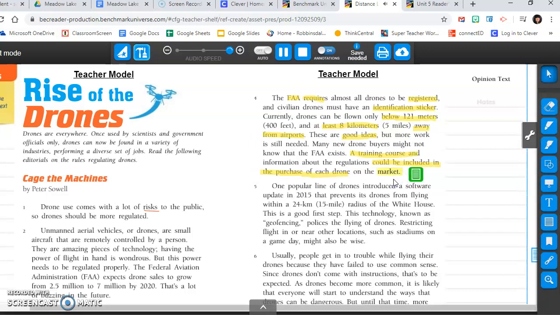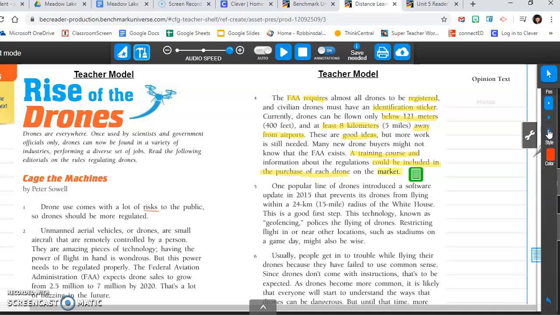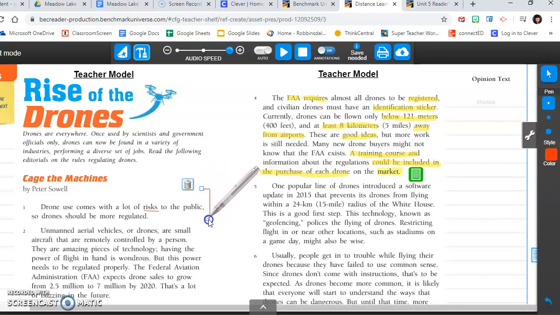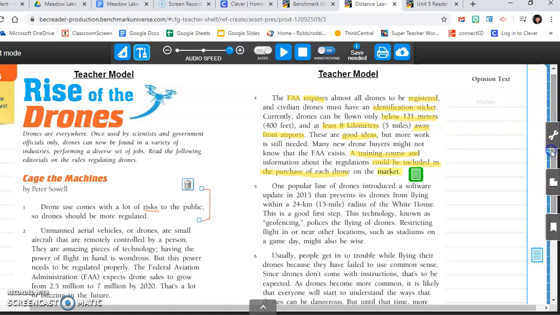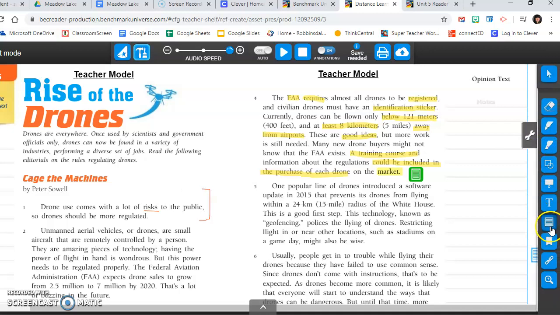Now, the author described a problem related to drones, and I'm wondering why. So let me look back to the author's claim. The author's claim right here said, drone use comes with a lot of risks to the public, so drones should be more regulated. Now, I'm wondering, why did the author choose to use this text structure?